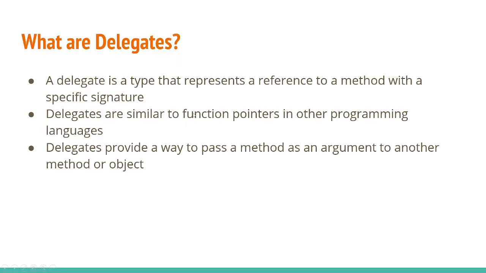So, what are delegates? Delegates are a type that represents a reference to a method with a specific signature. Delegates allow us to treat a method as an object, and that can be passed as an argument to another method or can be stored in another variable.